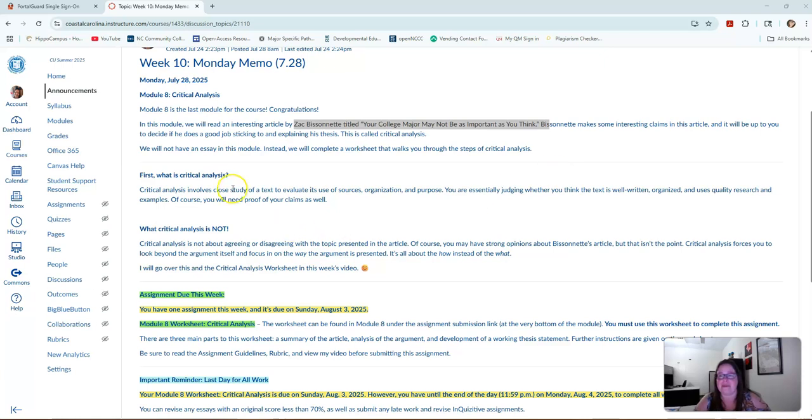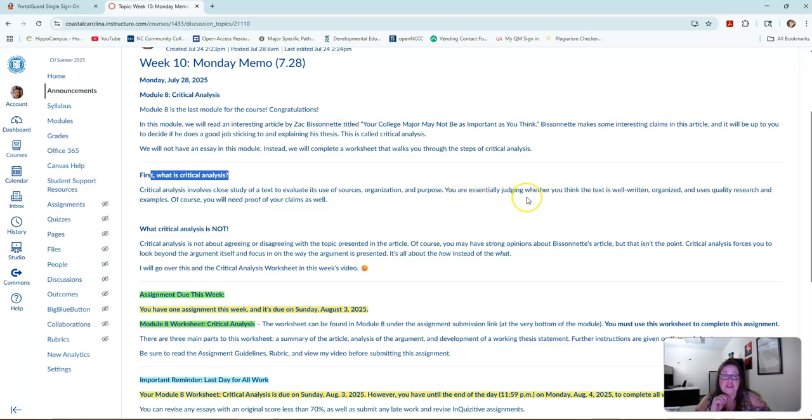Okay. So first, I wanted to go over what is critical analysis because this is so important. And I'm just going to read this. Critical analysis involves close study of a text to evaluate its use of sources, organization, and purpose.